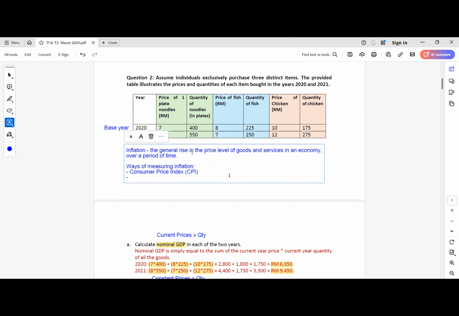Or I can use the GDP deflator. So we have two ways for us to measure inflation: one is CPI and one is GDP deflator. For today's lesson, our focus is the GDP deflator.